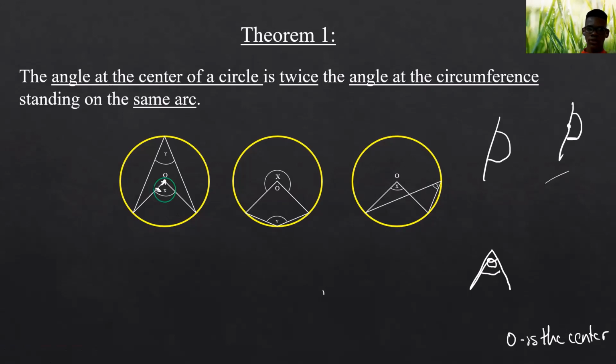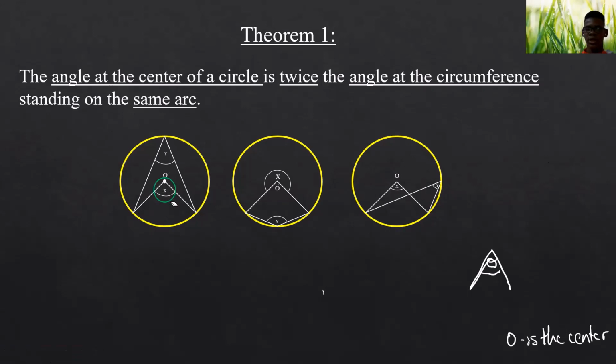And if those 2 lines connect at the center of the circle, then it's an angle at the center. That's how you identify whether an angle is at the center: the lines constituting this angle come together at the center of the circle.